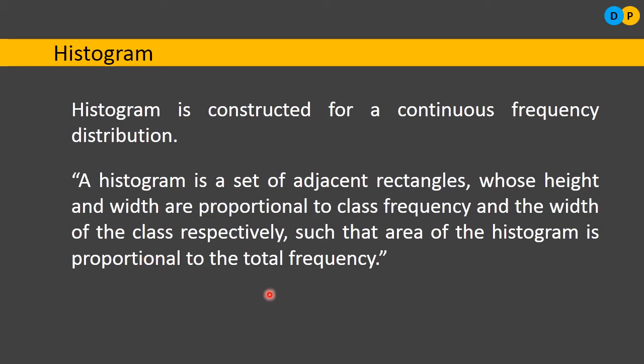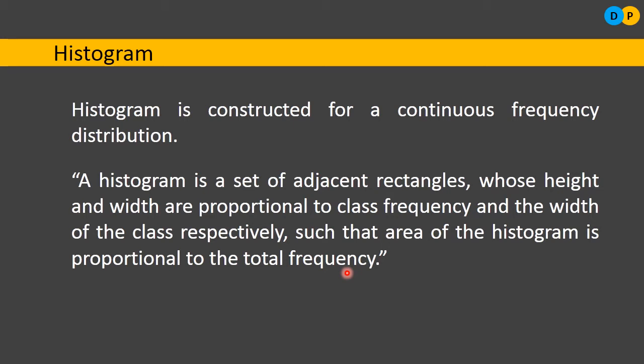So how do we construct a rectangular bar? Its height will be proportional to the class frequency and its width proportional to the class width, such that the area of the histogram is proportional to the total frequency. In a histogram we may erect 5 or 10 rectangular bars.